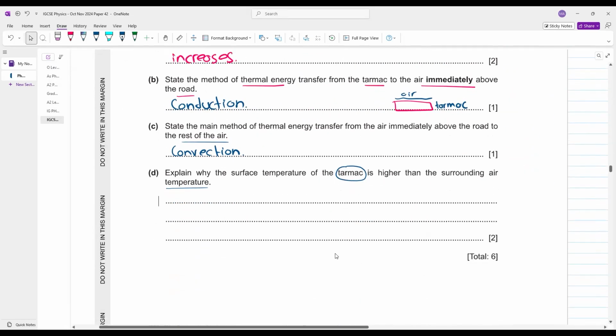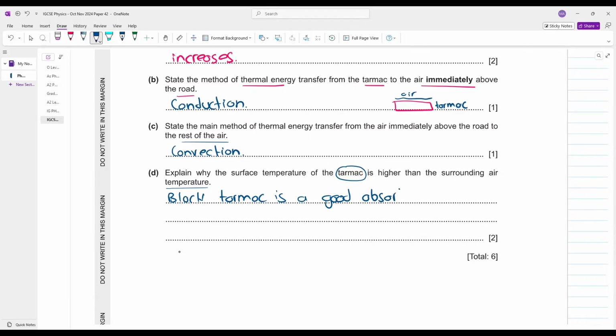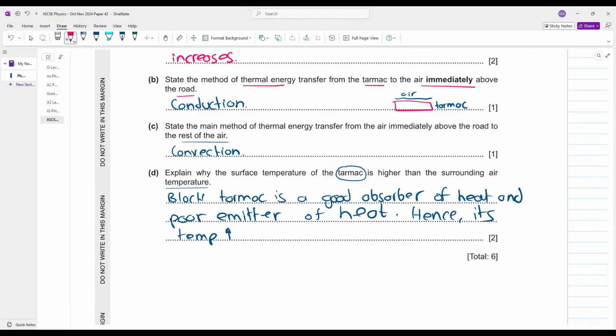Hence, its temperature is higher compared to the surrounding air. Simple. Let's move ahead.